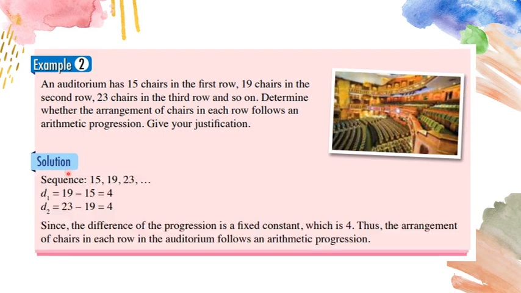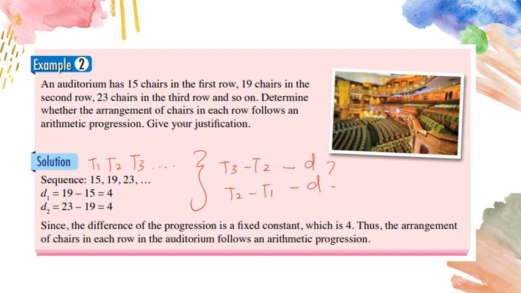So the solution. If we write in terms of numbers, 15 is T1, 19 is T2, T3, and so on. So we have to check the common difference, T3 minus T2, and then T2 minus T1, and find whether it is the same or not.